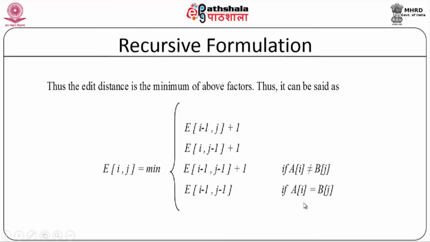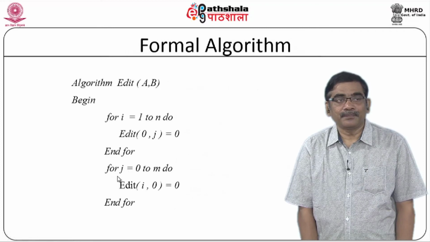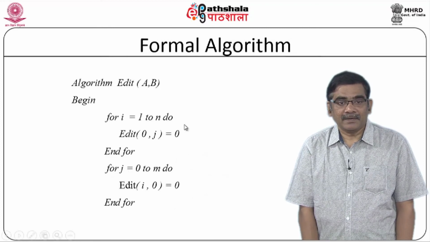You can see that if the characters match, we retain the previous value, otherwise it is 1 plus the edit. For insertion, deletion, substitution, we take the minimum value and store it as E of i comma j. So, this is the formal algorithm.